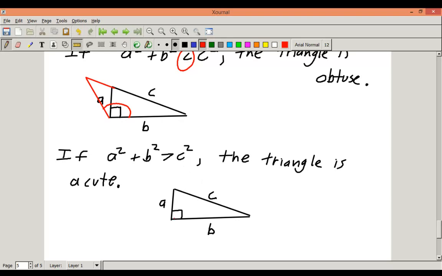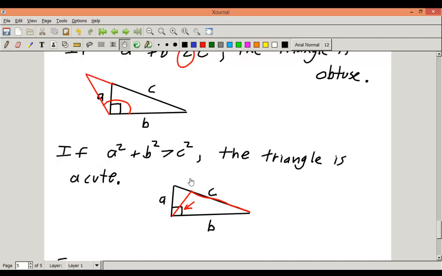If the c side gets smaller, to where maybe it's just from here instead of the way it was, then you've made an acute triangle, because this angle right here is now less than 90. Even though that looks obtuse there, they would all be less than 90. Okay, one example, and I think that's it.